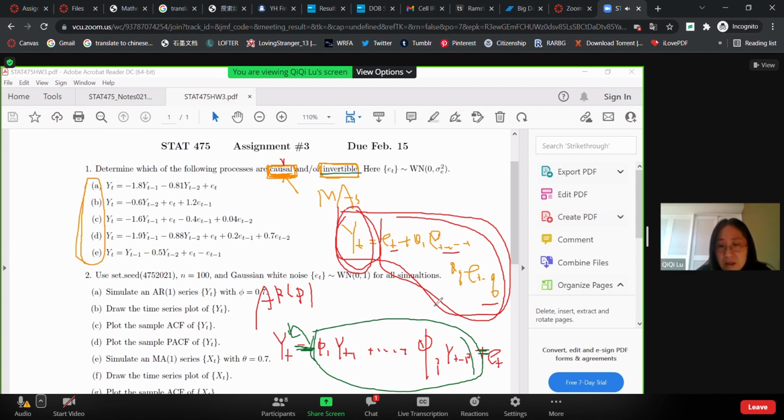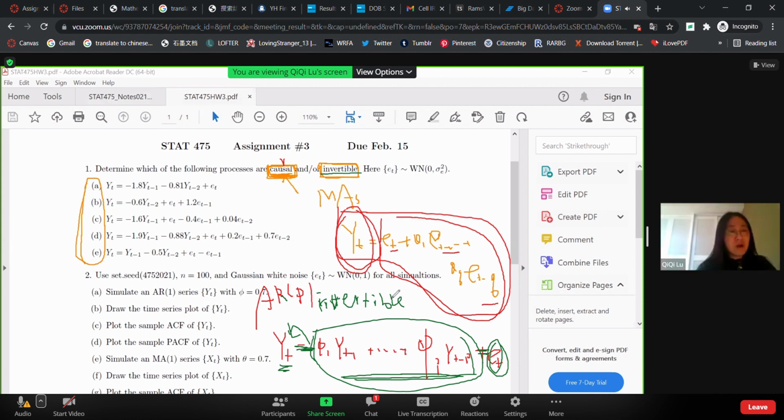Invertibility means your white noise depends on the current Y value and the past Y values. So all ARs are invertible. Okay, all MAs are causal, all ARs are invertible.